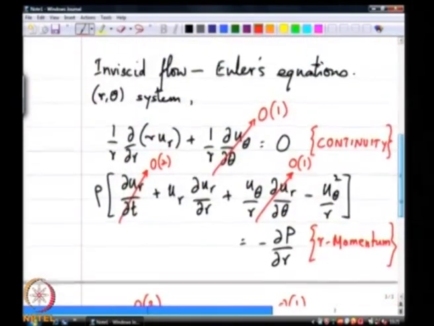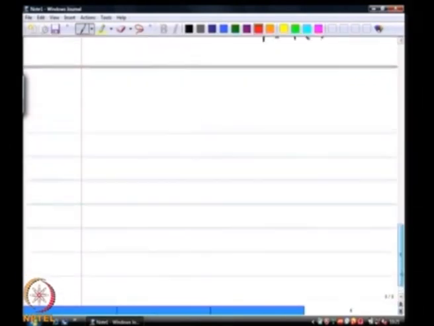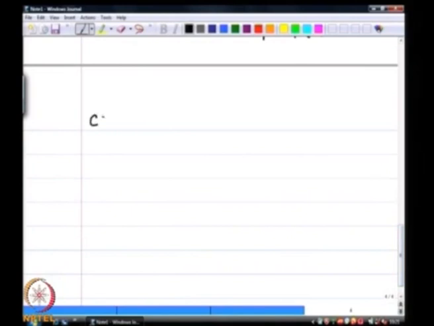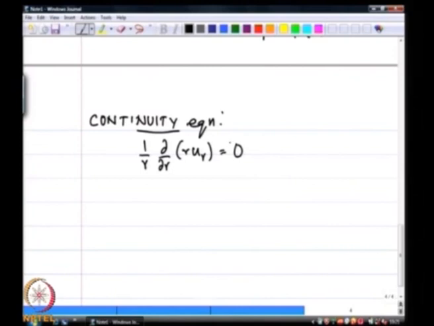So, I am going to take the simplified version of the continuity equation and see where it will take us. It says 1 over r d d r of r u r equal to 0. Now, if I simplify this, I can first of all replace the partial derivatives with total derivatives, because u r is only a function of r.